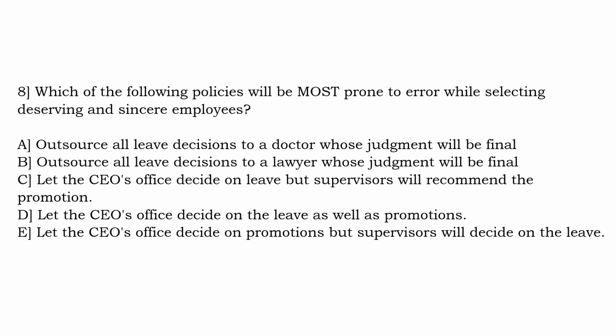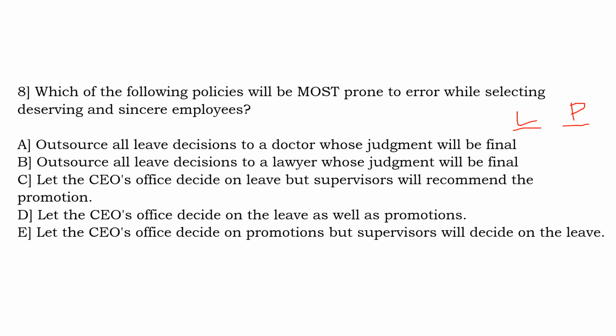So here what you have to do is that you know that a deserving and sincere employee is chosen by thinking about two aspects. What are the aspects? One is the leave aspect, the other one is the performance aspect, meaning whether they are taking leaves unnecessarily or by faking illness, and how they are performing while they are on the job.